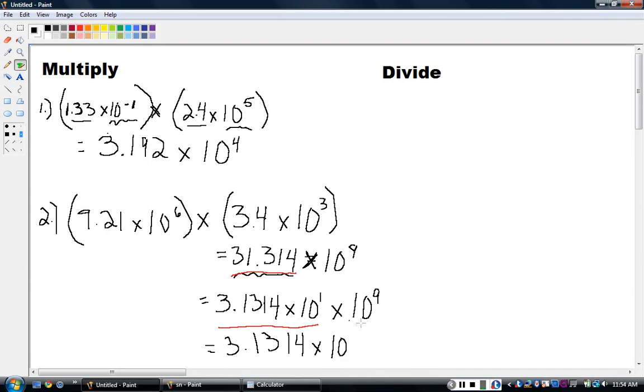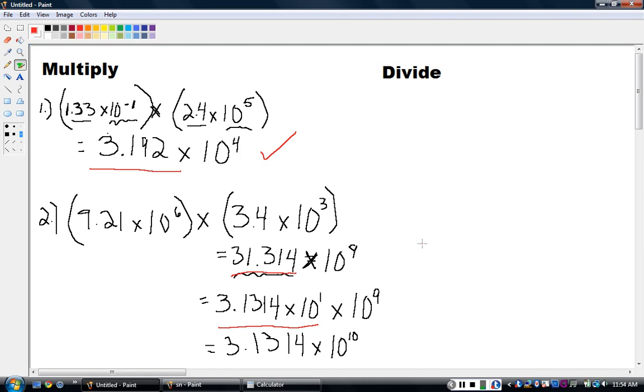You multiply those two powers of 10, shortcut, add your exponents, and that's the adjustment I need to make. You'll notice in number 1 we didn't have to do that because the number we ended up with was already between 1 and 10, that first number. So that's scientific notation, it's already done, right? But down here, when I got this far, I had to do an extra step. I had to adjust that number to put it in scientific notation.